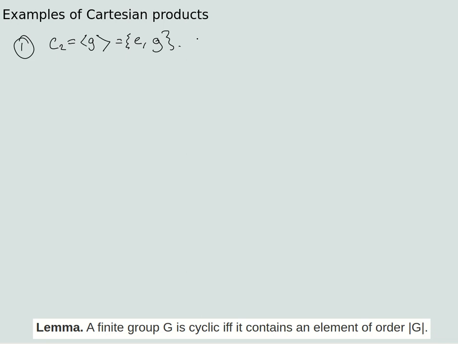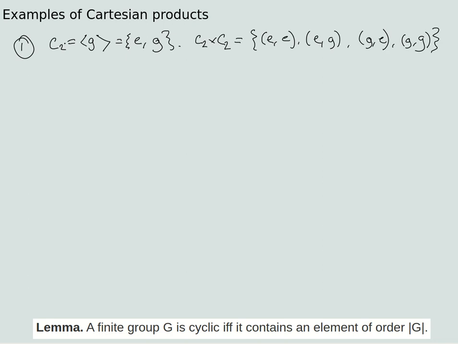So if we take C2 cross C2, that consists of all the ordered pairs where the first element and the second element come from C2. So this has got 4 elements: E, E; E, G; G, E; and G, G.